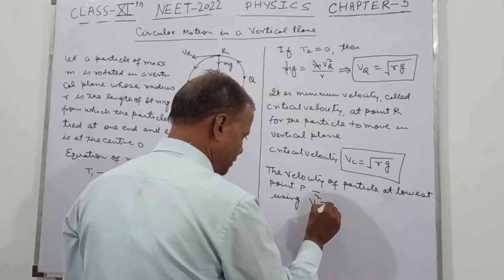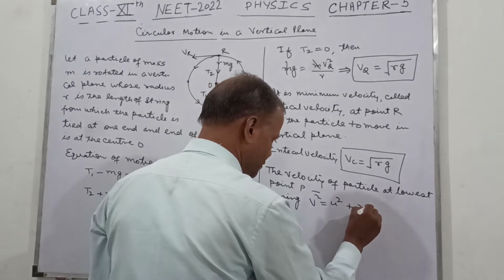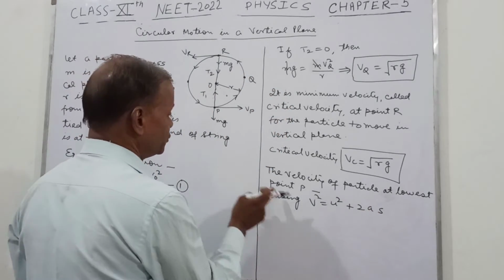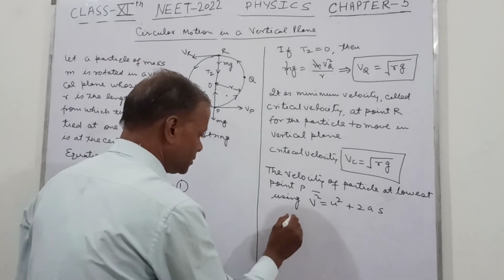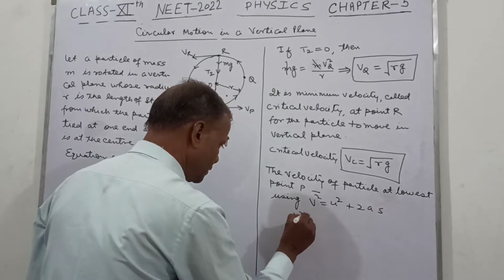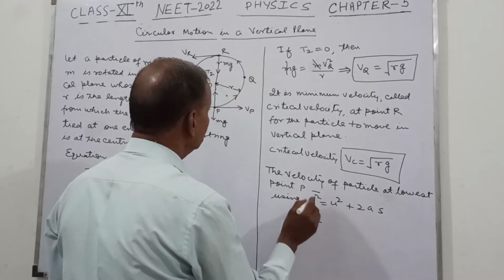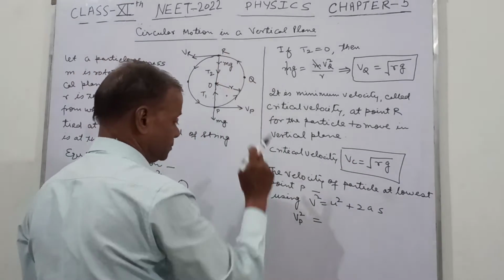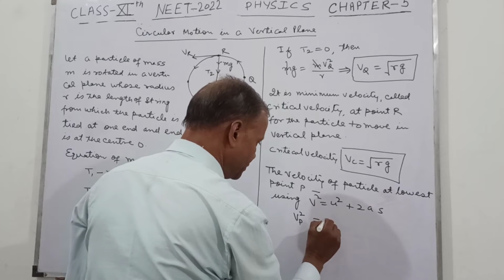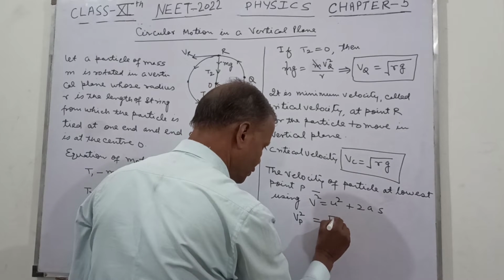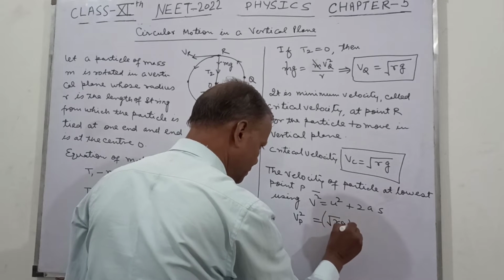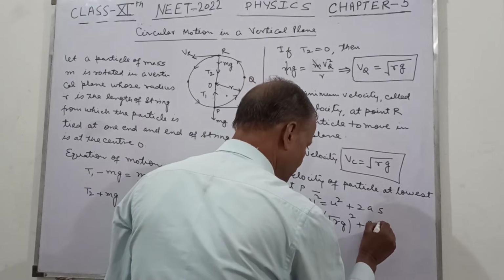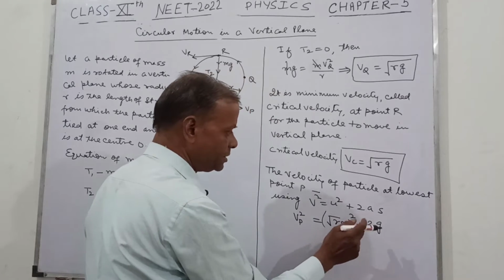Now this we find using v square equal to u square plus 2as. So what we have, this v is equal to vp. This is now your vp square equal to u square, which is so much at the point R, square root of rg, plus 2, in place of a we write g, and s.